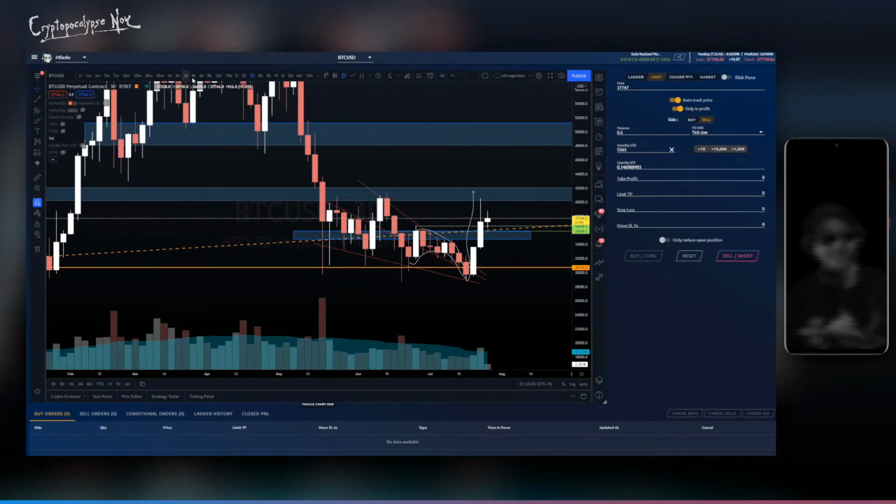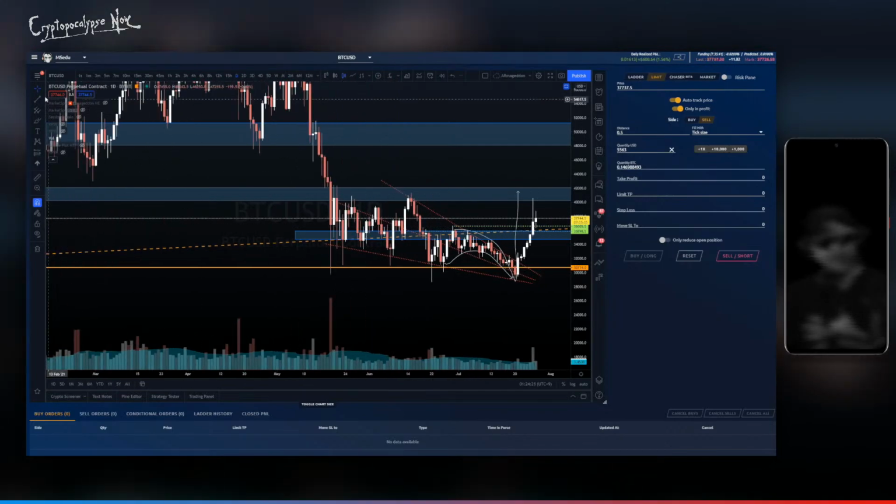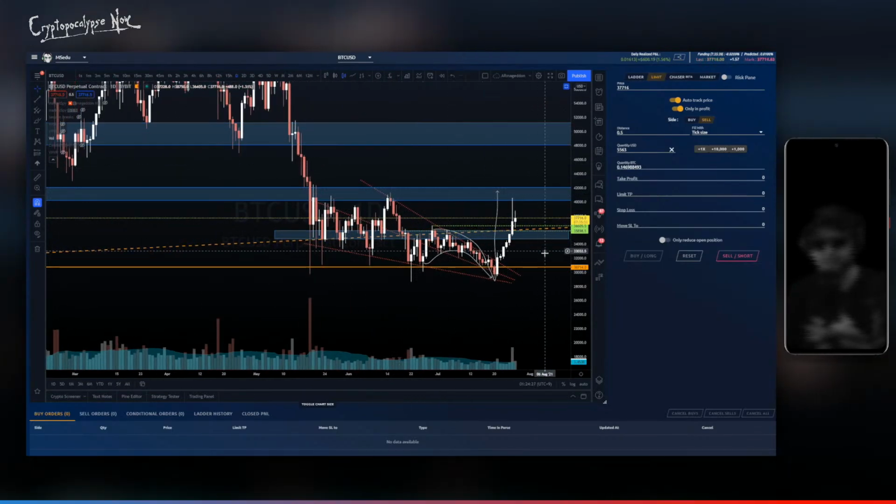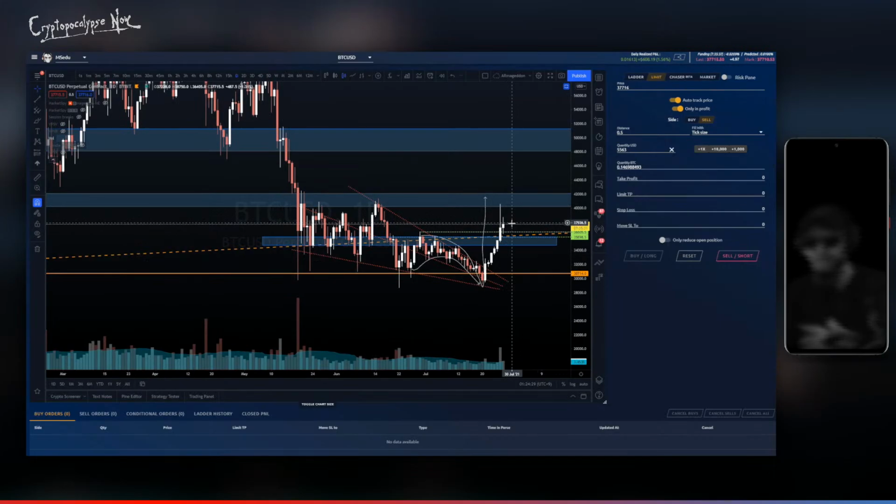So we had successfully speculated and nailed this projection, and I think this gives us a good base to work with.